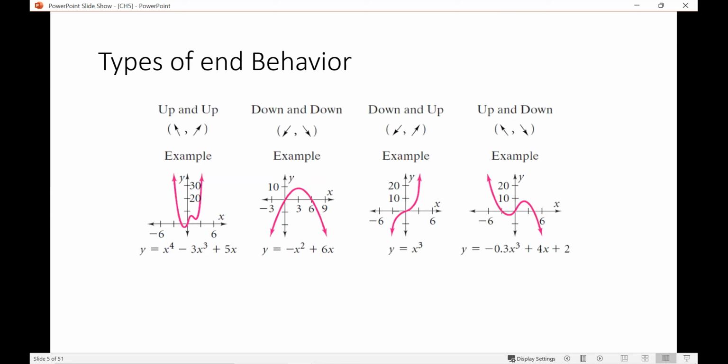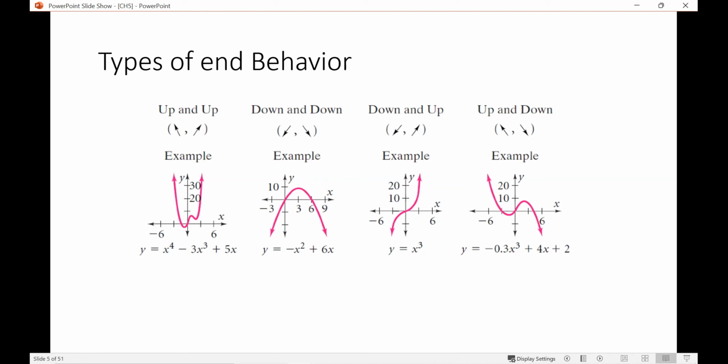So the first thing we want to cover when we have these higher degree polynomials is going to be the end behavior. So there's 4 different ways our polynomial can end. As the x's go towards positive and negative infinity, meaning as you move out away from 0, very, very high numbers and very, very negative numbers, we can go up towards infinity on both sides.